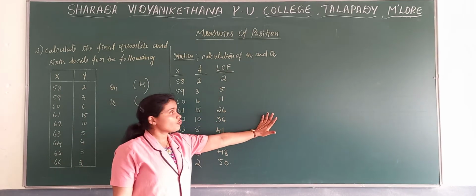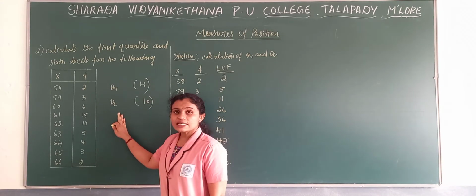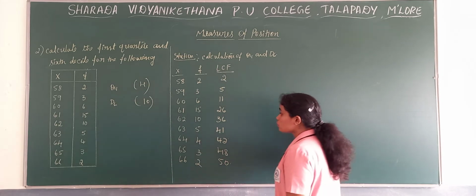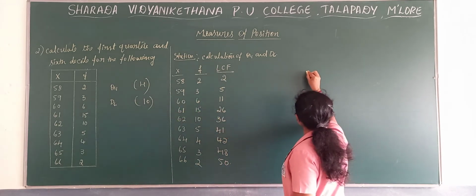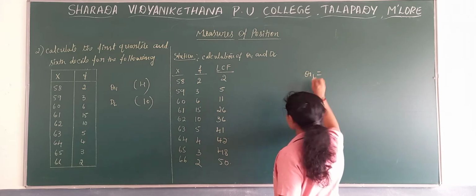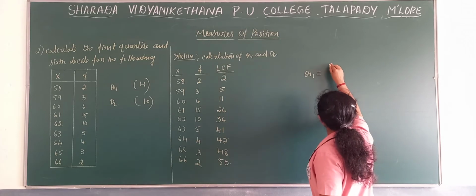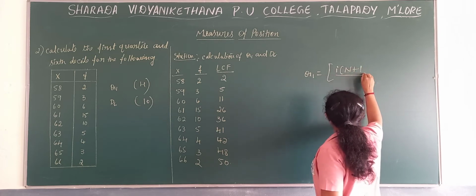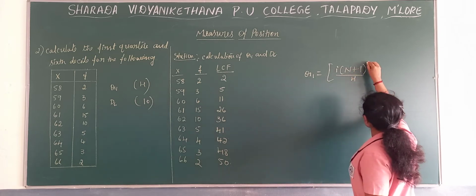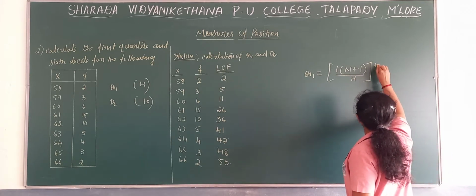Now apply the formula here. What do we need to find out? Q1 and D6. In order to find Q1, since it is discrete data, the formula goes like i into (N plus 1) divided by 4 observation.